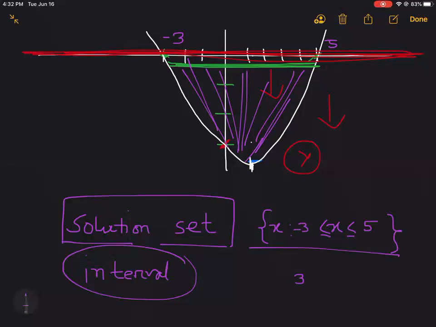Anyway, you need to start from the lowest point on the left and end at the highest point on the right, and if it's included, you use brackets. If it was not included, we would have used parentheses, right? So that's your answer.